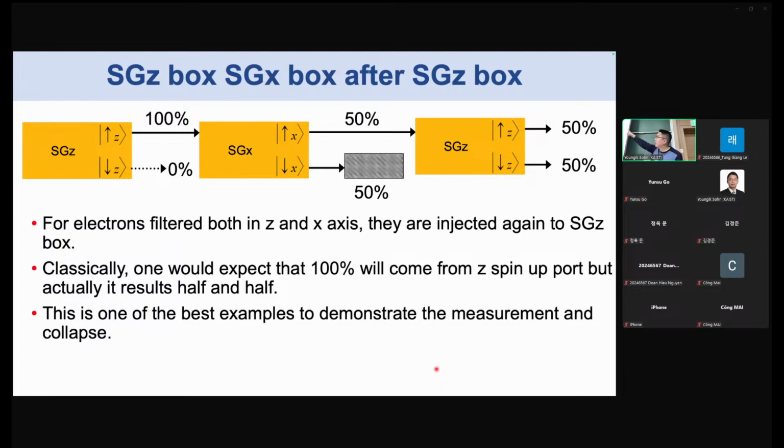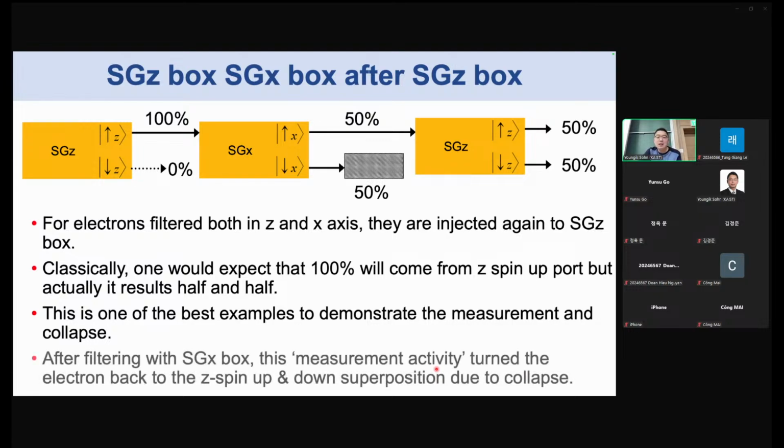Because you sandwiched this SG box in the middle and filtered out only spin up, because of that behavior, once you start measuring Z, it's going to have both. And then the proper interpretation of this is that the moment you measure SGX up, your quantum state has collapsed into the spin X up state. And this spin X up state is in fact a superposition of the spin Z up and spin Z down states.